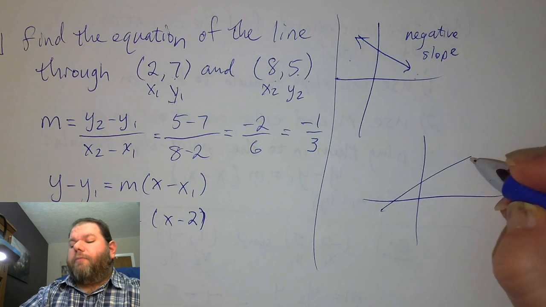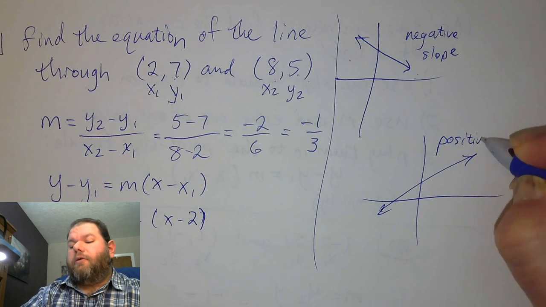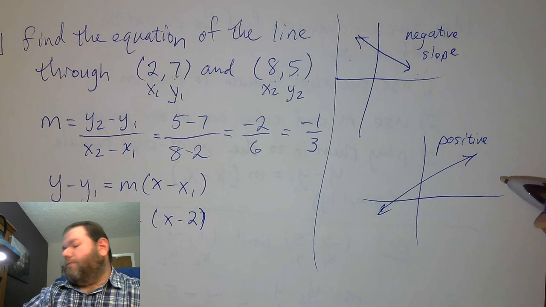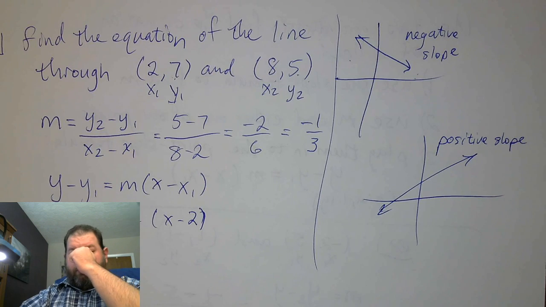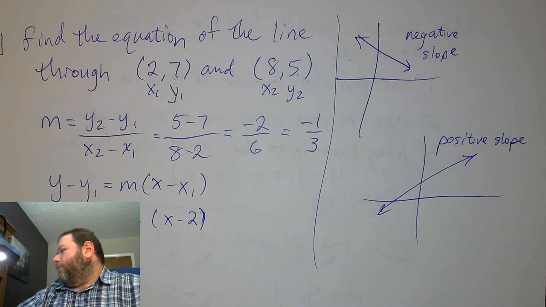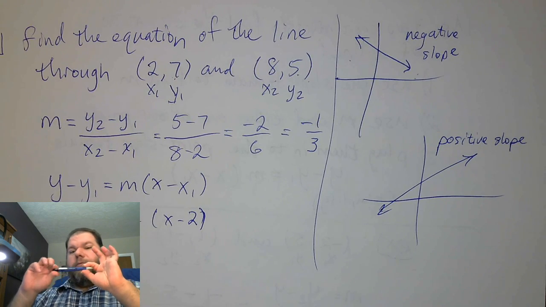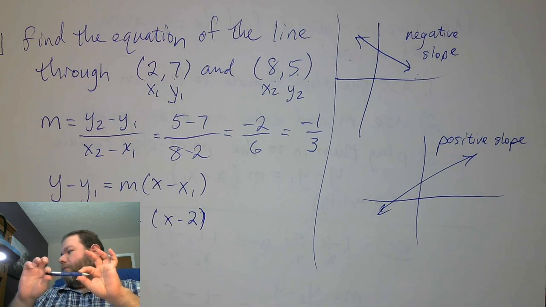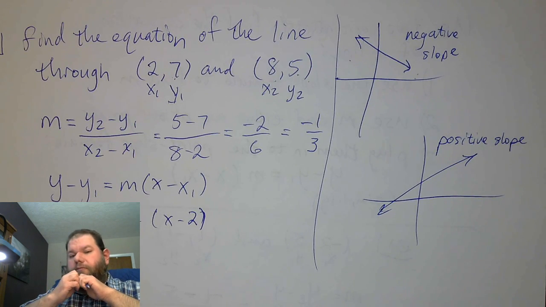And if we had an upward slope, this is a positive slope. What do you think would be the slope of a horizontal line? Zero. Good.